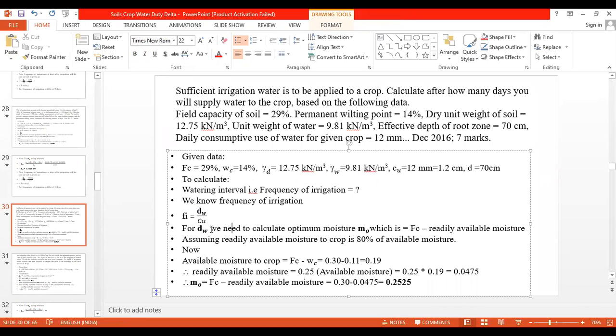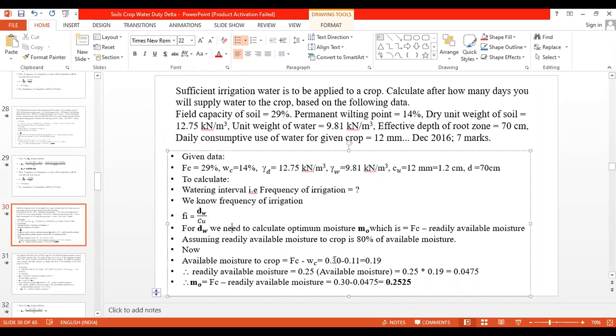So for dW we need to calculate the optimum moisture content, which is field capacity minus readily available moisture. But here they had not given us that magnitude. So we're assuming that the readily available moisture is 80% of available moisture. Okay, so available moisture we know is field capacity minus wilting coefficient.